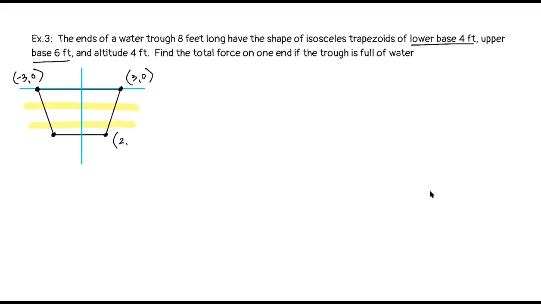When you start at the x-axis, you have to go down 4 feet. Yeah, exactly. That altitude being 4 means that the lower base is 4 feet below the upper base, okay? All right, so we've got a few coordinates here, and we've got some sample slices, and all of those coordinates take into account the measurements that we were already originally given, okay?